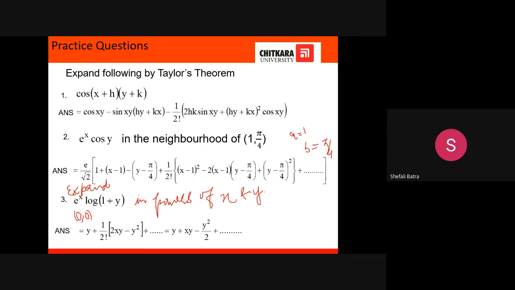First, expand e power x log(1 plus y) in powers of x and y. Second, expand e raised to power x into log(1 plus y) in the neighborhood of point 0, 0. Third, obtain the Maclaurin series for this function. In all three cases, your solution would be the same. Ultimately, you need to obtain the Maclaurin series for this given function.